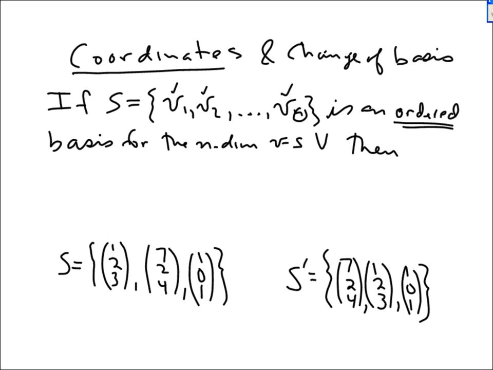As sets, they're equal. But as ordered sets, they're not equal. There's a difference between a set and an ordered set. A set doesn't care about the ordering, and an ordered set does care about the ordering.